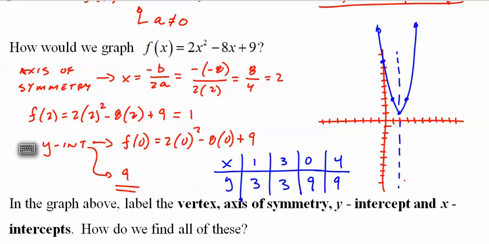Let's label this sucker. This is our axis of symmetry. This is our y-intercept. This is our vertex, and it's 2, 1.